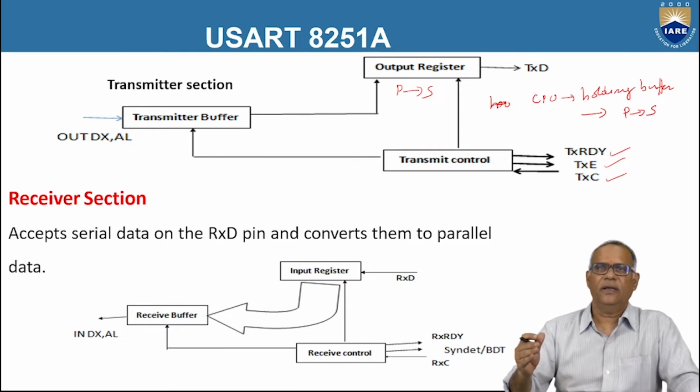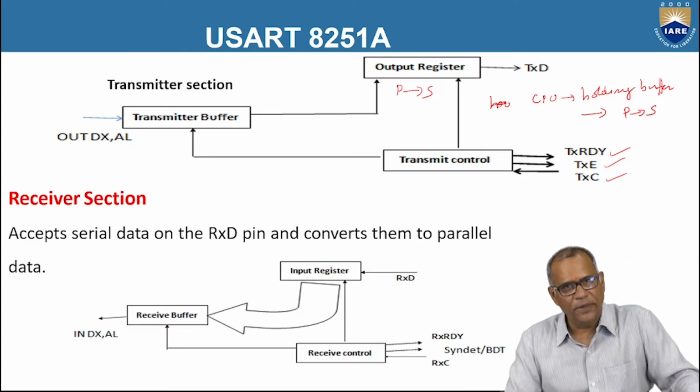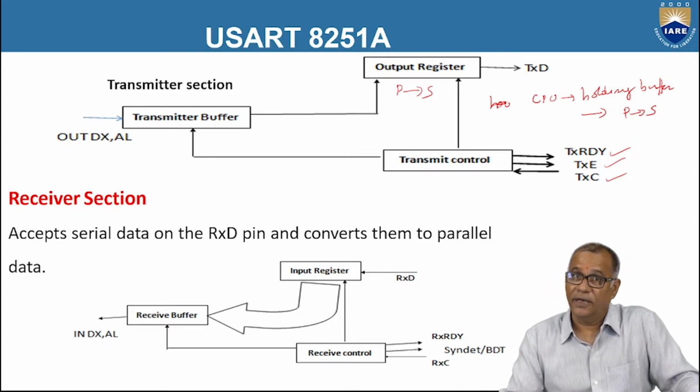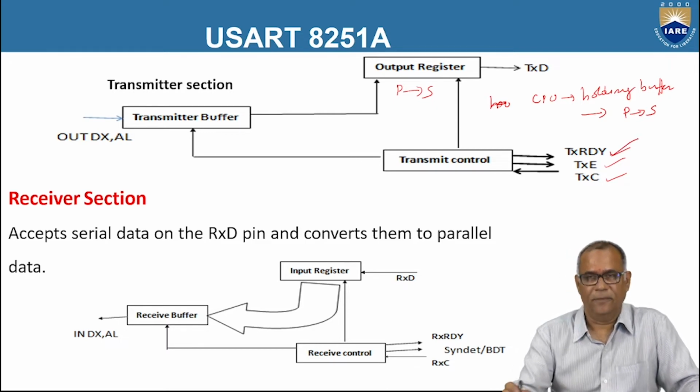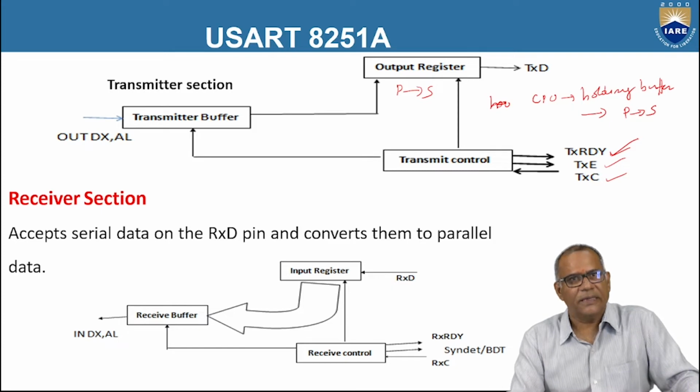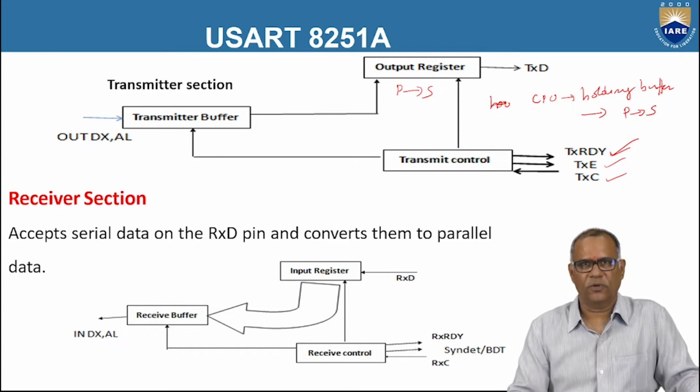So when the holding buffer sends the data to the P2S register and becomes empty, then the transmitter ready signal is activated. This transmitter ready signal is connected to the INTR of the microprocessor.